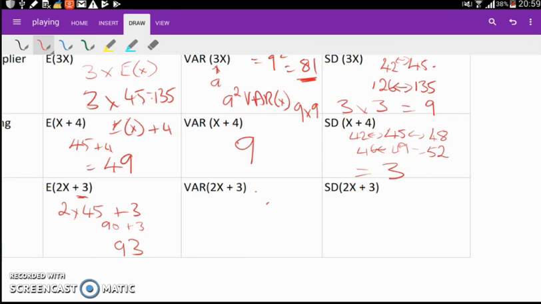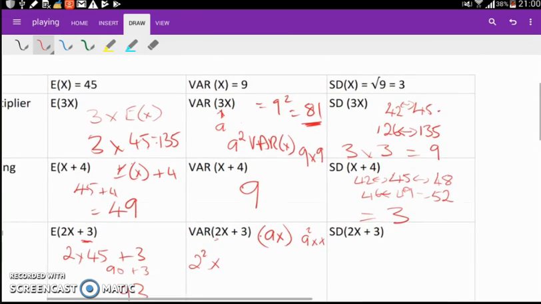So let's have a look at this one here. Remember I said the formula sheet said a multiplier of x, we get the multiplier squared times the variance of x. Okay, so our multiplier here is 2. So 2 squared times our variance, and our variance, remember, was 9.